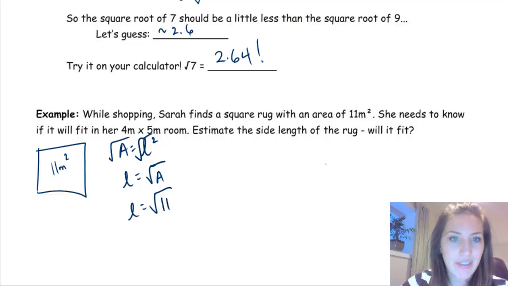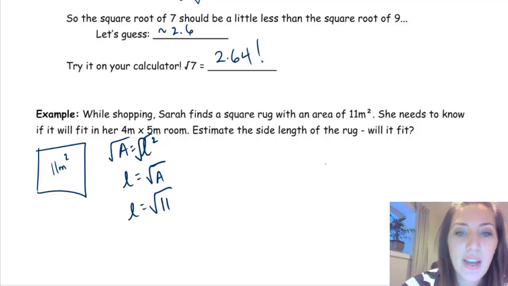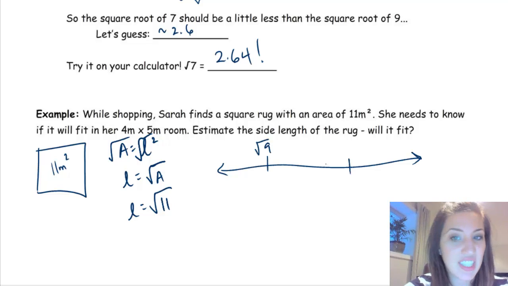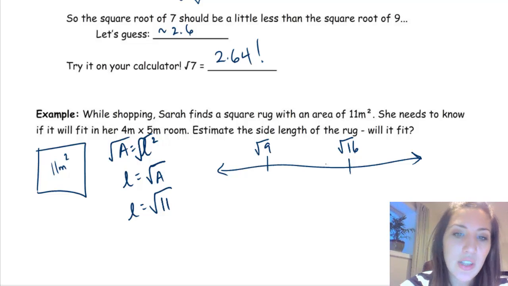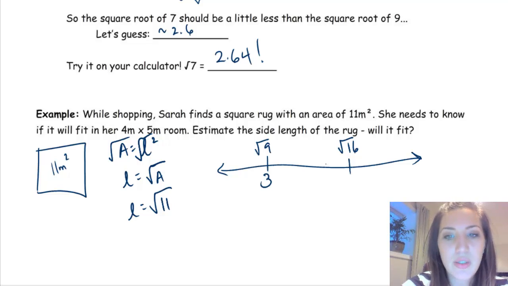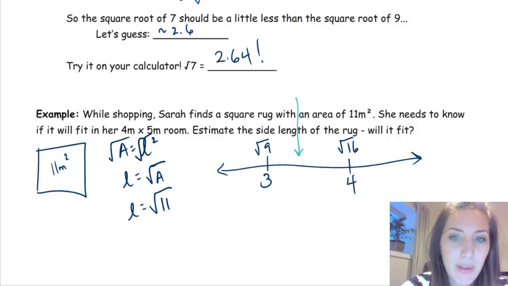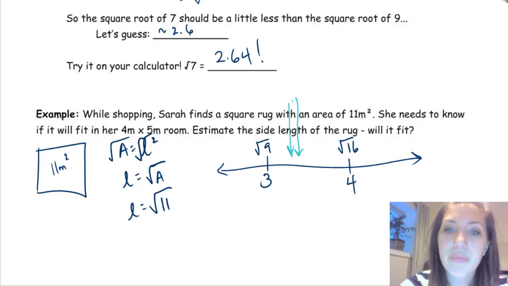We don't know the square root of 11. That's not an easy one, so let's make a number line. Ooh, that's kind of a squiggly number line. Hopefully yours is straighter. And what are some of the ones we know? We know the square root of 9, and we know the square root of 16. Those are on either side of 11. The square root of 9 is 3. The square root of 16 is 4. So where would 11 fit in on this number line? It's going to be closer to the 9, maybe even over a little bit more.